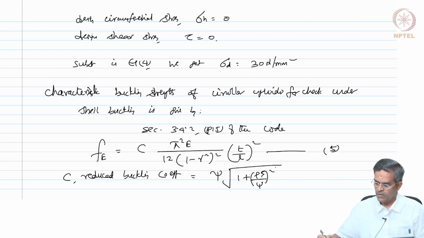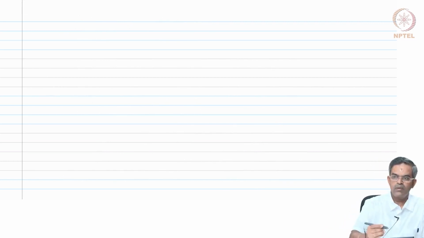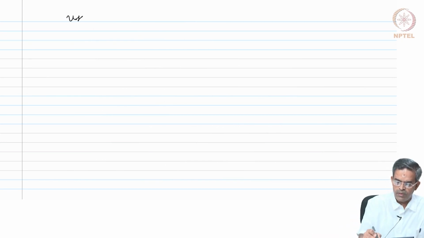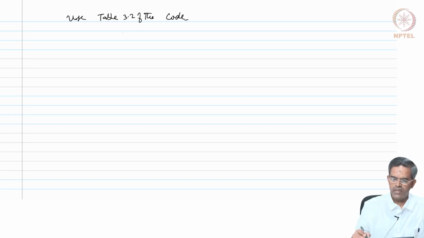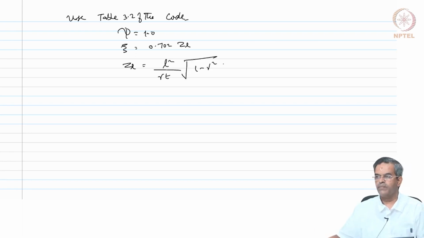So, equation number 6. Now, we use table 3.2 of the code and we say psi is unity and zeta is 0.702 ZL, where ZL is L square by RT root of 1 minus nu square.